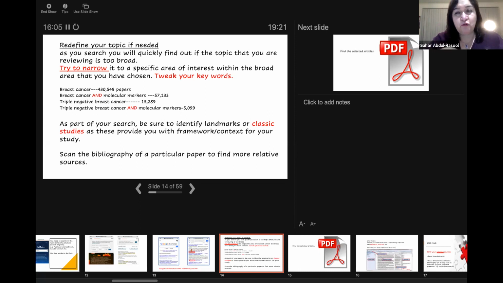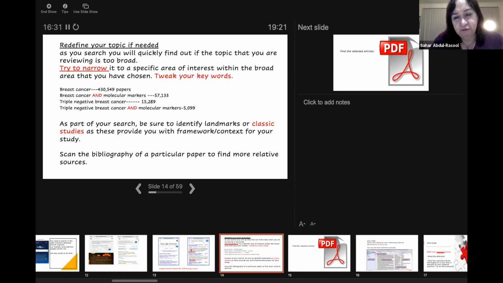So that doesn't mean that you cannot write about the sexual behavior of penguins. You go back and search for sexual behavior of birds, and try to find relevant creatures or animals that are related, and you try to broaden your search. So it depends on the topic that is chosen.